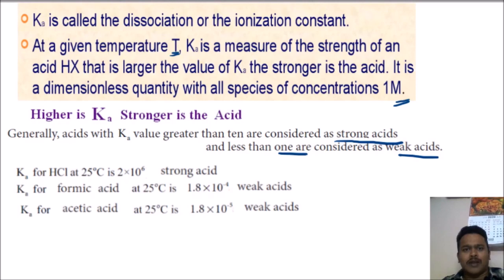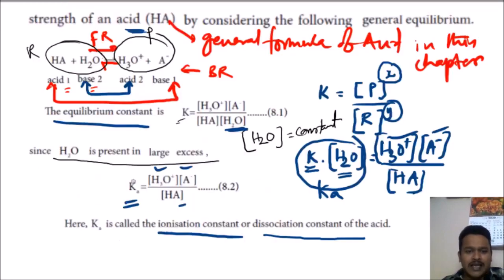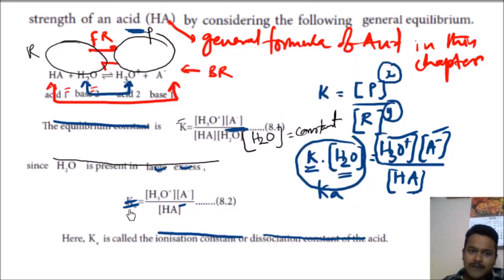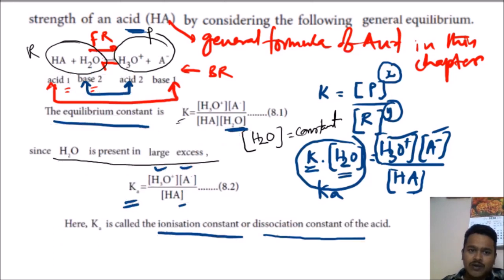I am going to the previous slide again. See, when this Ka is more, observe everybody, whenever this value is more, this value mainly means what?